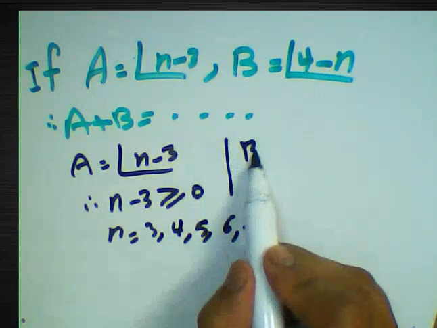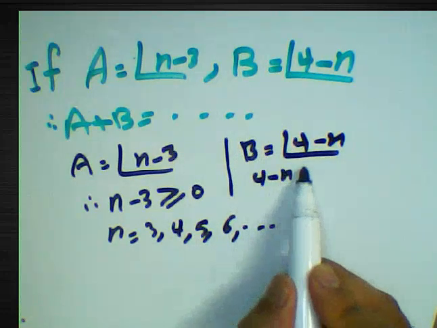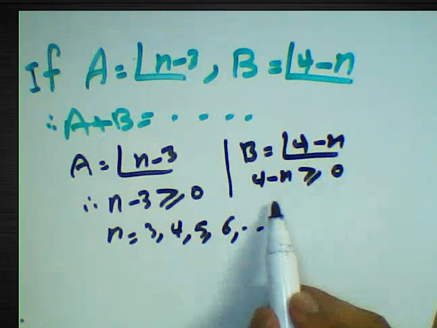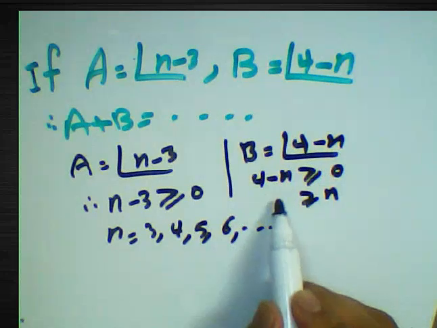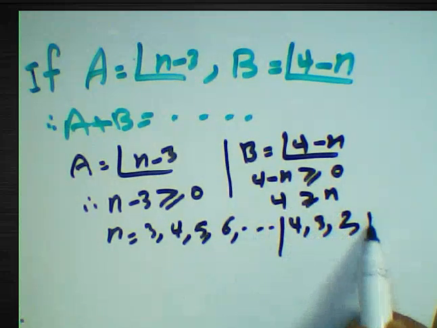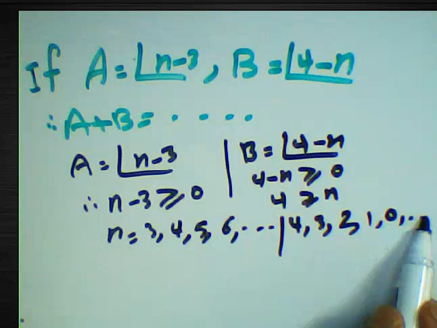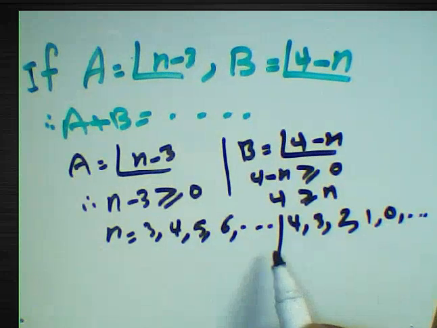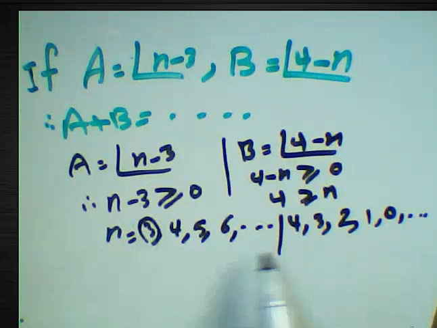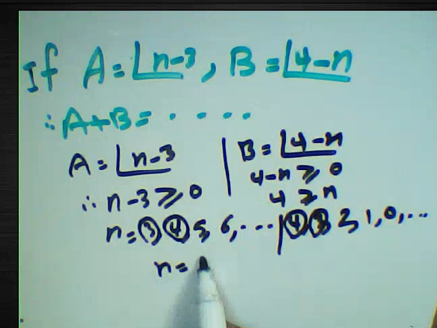And here we know b equals (4−n)!, then 4 minus n is greater than or equal to 0, then n is less than or equal to 4, then n will be 4, 3, 2, 1, and 0, and so on. Which is the intersection between them? We have 3 and 3, and 4 and 4. So n equals 4 or 3.